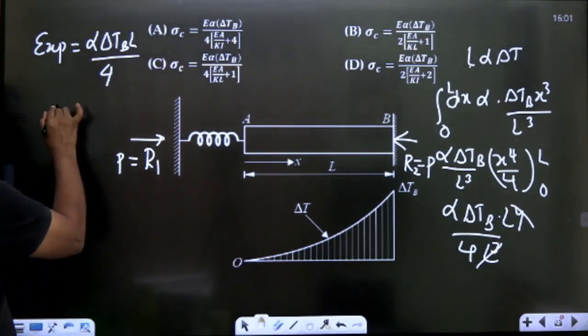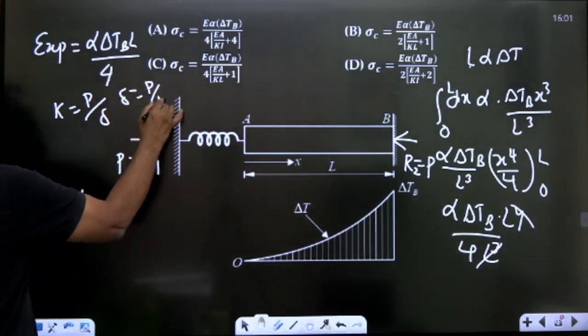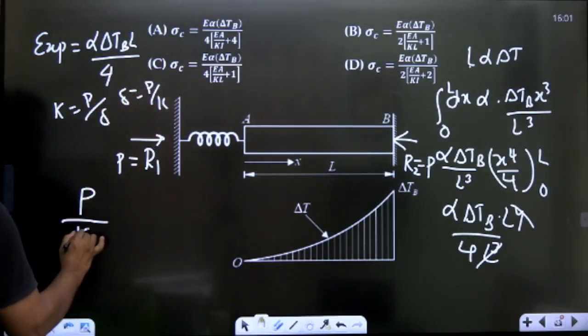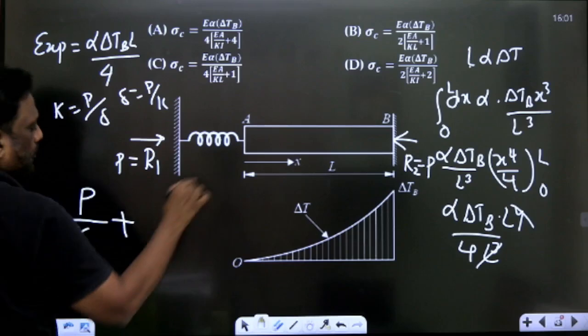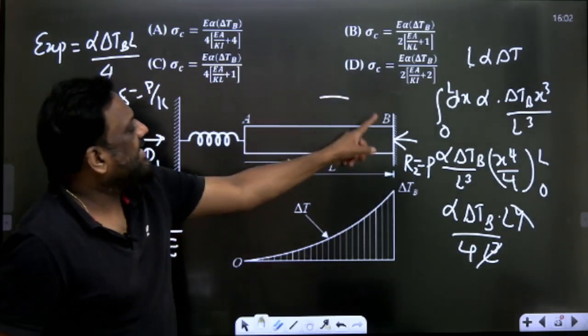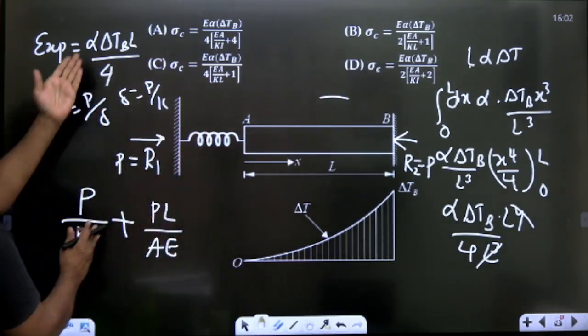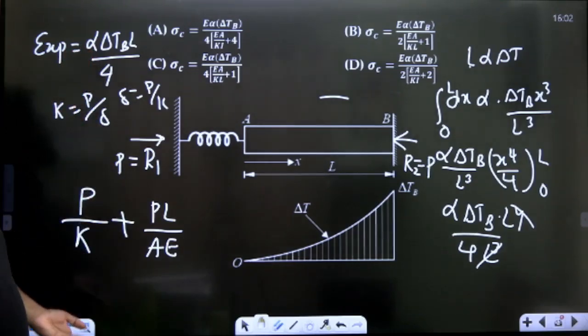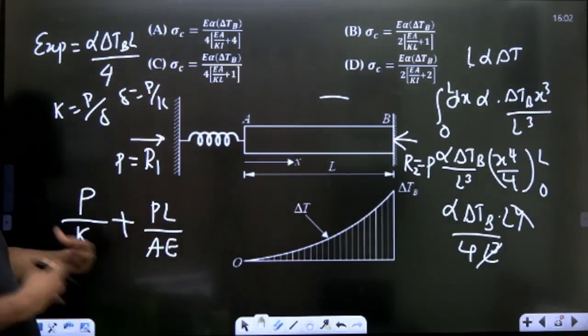Spring stiffness is load by K, so compression will be P by K. Plus the compression of the bar, because the load is P in it too, PL by AE. Let me repeat. PL by AE is the compression of the bar. P by K is the compression of the spring. Total compression should be equal to total expansion. Finished. Why waste so much time on this? Finished. Bye bye, tata, goodbye, gone.